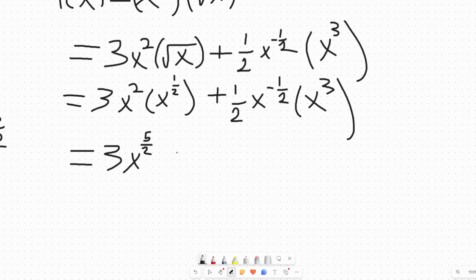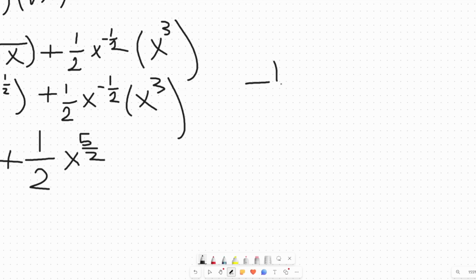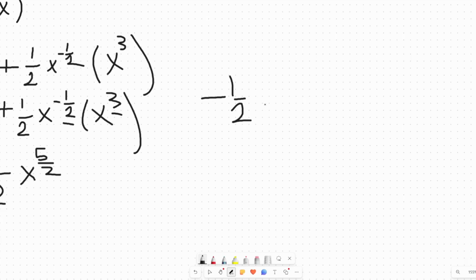And then we have plus 1 over 2 x to the 5 over 2. So negative 1 over 2. These are the exponents of both terms. So negative 1 over 2 plus 3, because when you multiply two things together, the exponents are added.